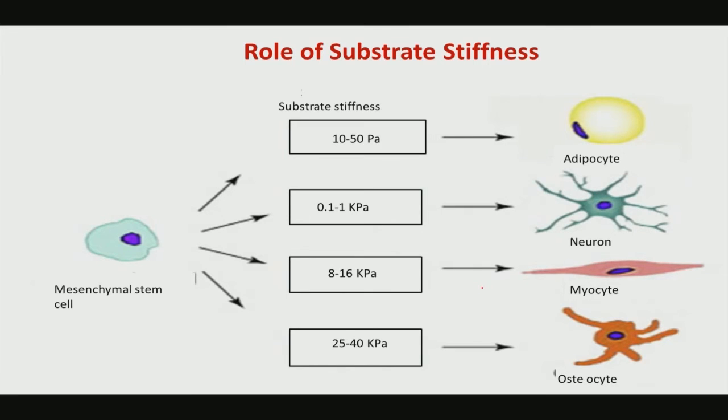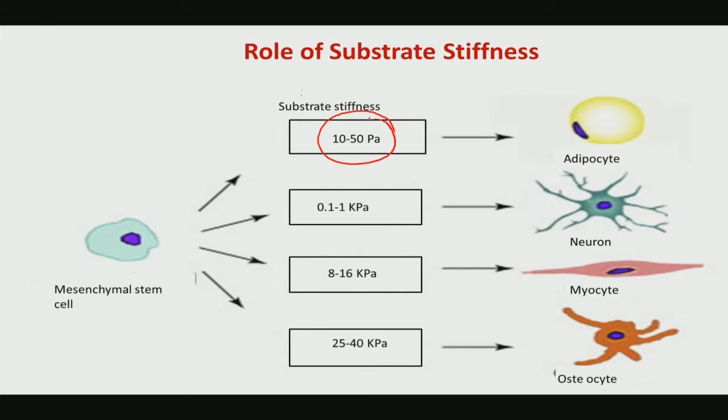Now, in one of the classical studies by Engler et al., I think it was at the University of Pennsylvania or Penn State, published quite a few years ago, they varied the stiffness of the substrate in different windows. For example, some substrates they grew stem cells on had an elastic stiffness of 10 to 50 Pascal.